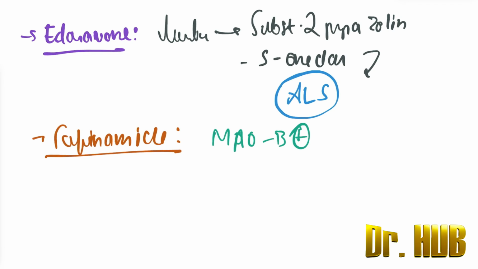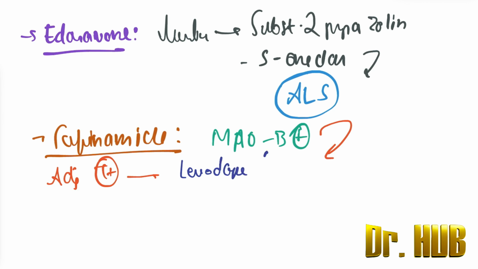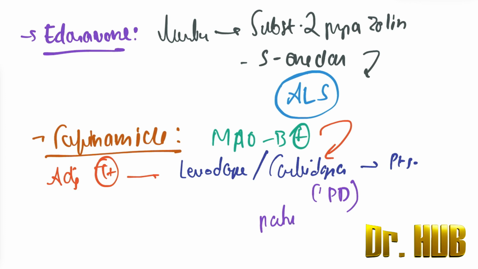So this type B inhibitor is indicated as an adjunctive treatment to the levodopa carbidopa in patients with Parkinson's disease, PD, who are experiencing the off episodes.